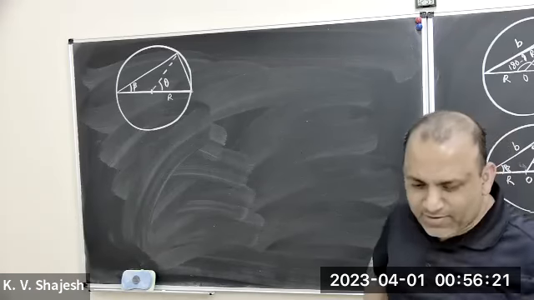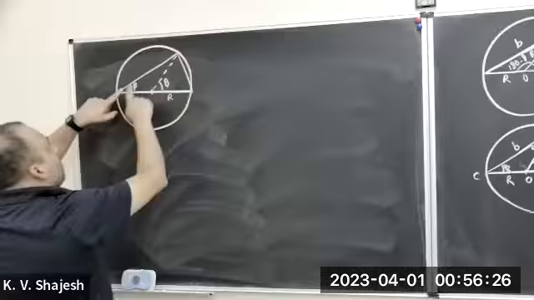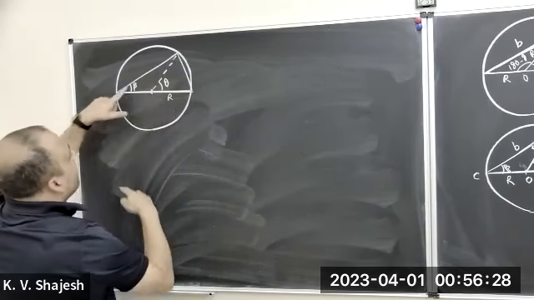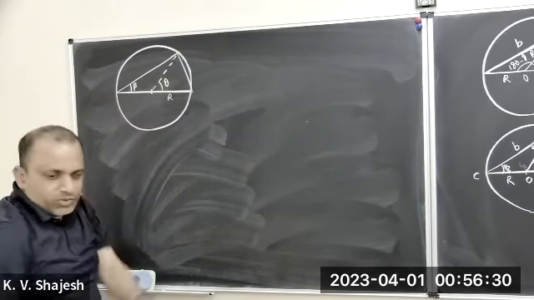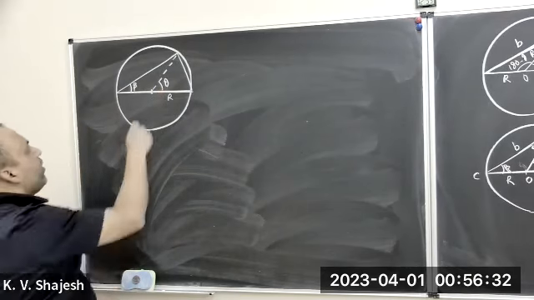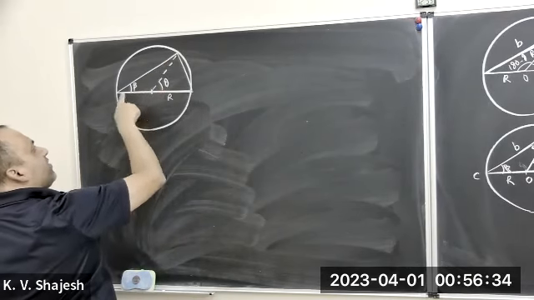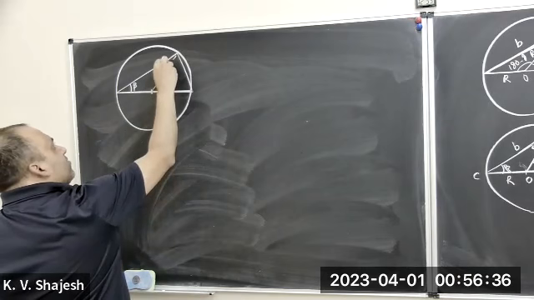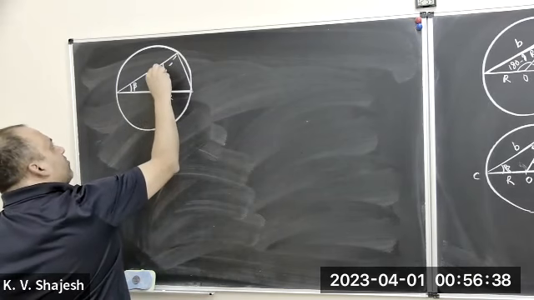There is a theorem that states that the exterior angle of a triangle is equal to the sum of the interior opposite angles. Very good. So the sum of the interior angles has to be equal to this. We know this is an isosceles triangle, so if this is beta, that's also beta, right?